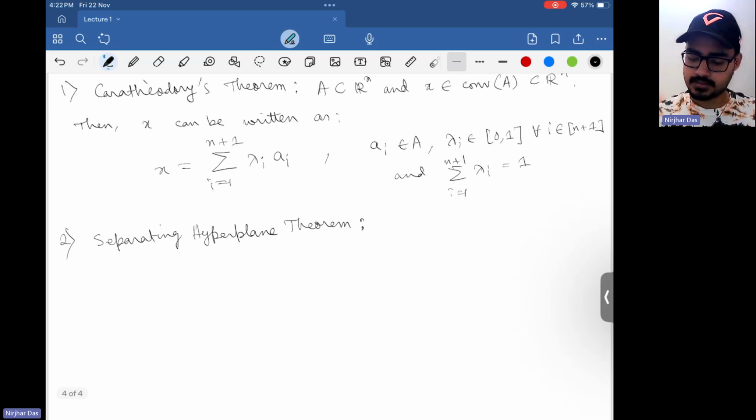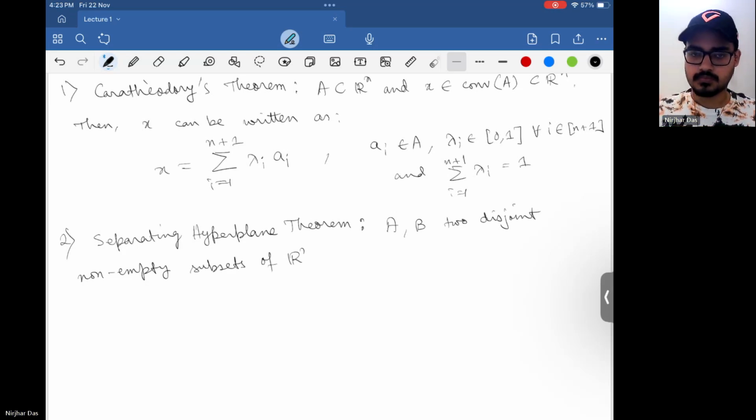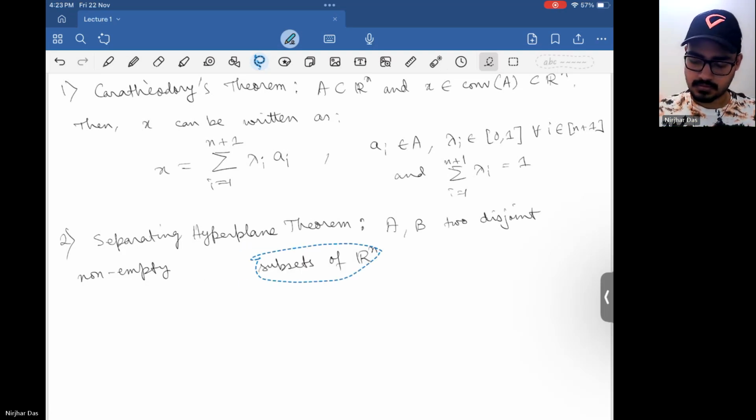So this theorem says that you are given A, B, disjoint, non-empty, convex subsets of R^n, right?